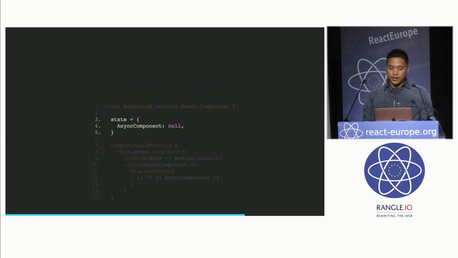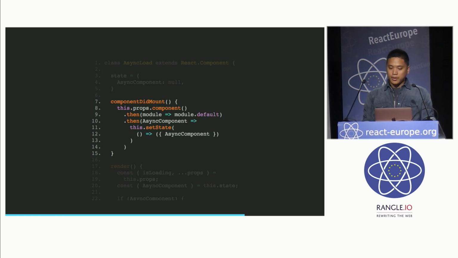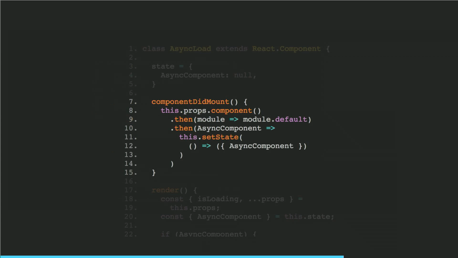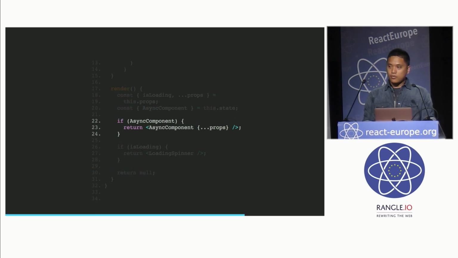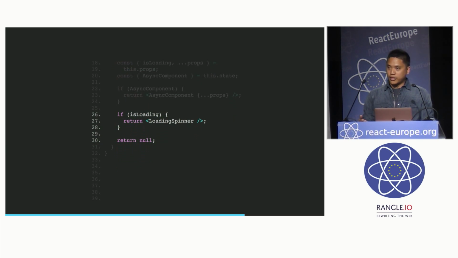In the componentDidMount lifecycle hook, you call the component prop that returns the promise, and then you set the state to this component. And in the render function, if the async component is there, you render it, and if not, you render something else, for example, a loading spinner or nothing.